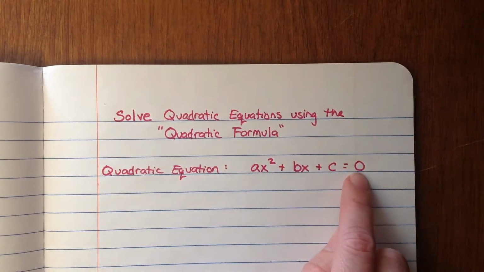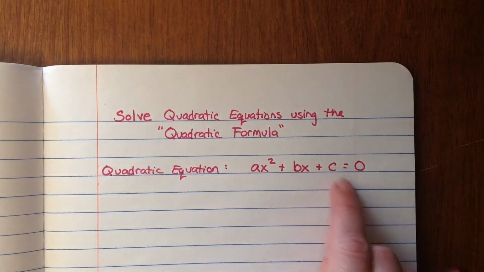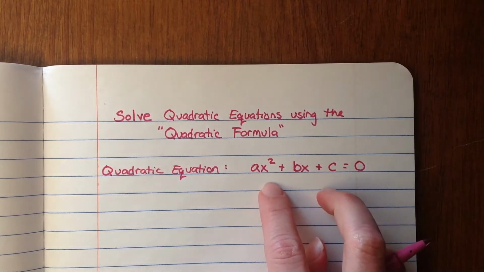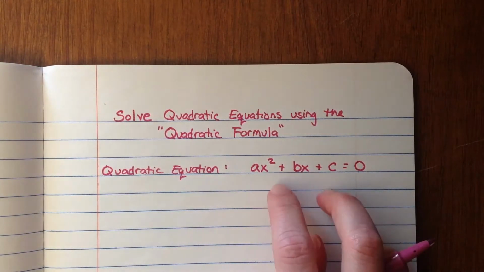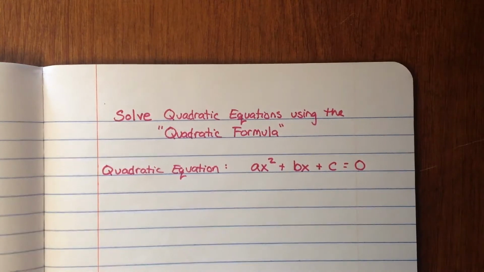We talked last week about why it's important that it's equal to 0, because if you can factor this into two things that are multiplied by each other, two binomials in parentheses, then you can set each of those equal to 0, and that's what you practiced last week.